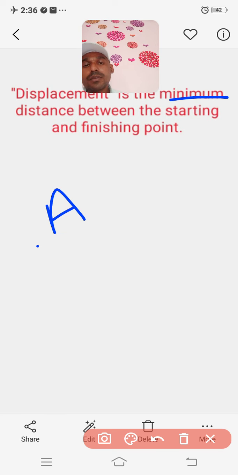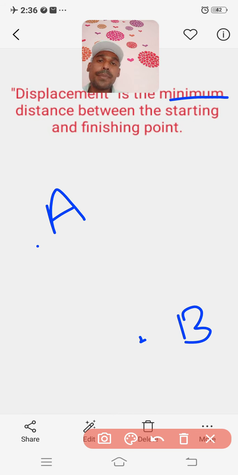A is the initial point, B is the final point. It means A is the starting point and B is the finishing point. The dotted line is the minimum distance.